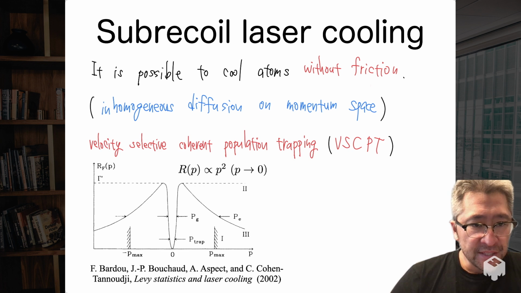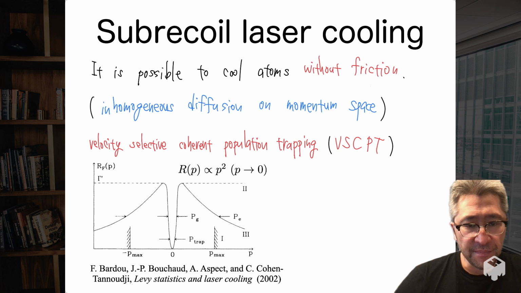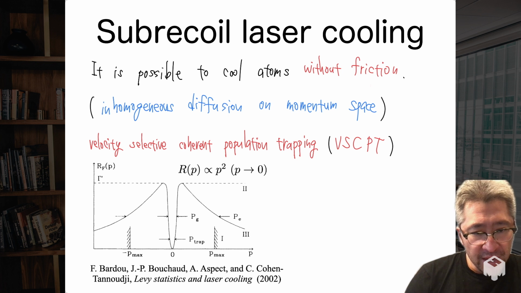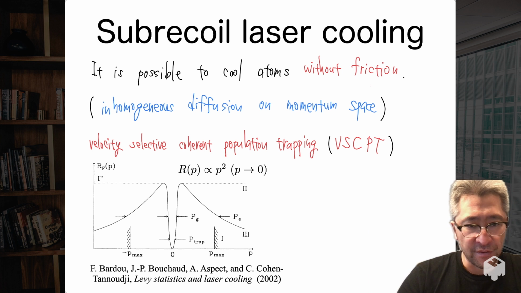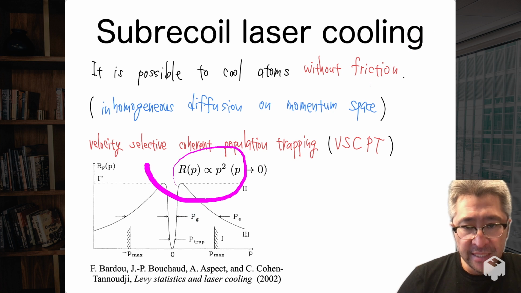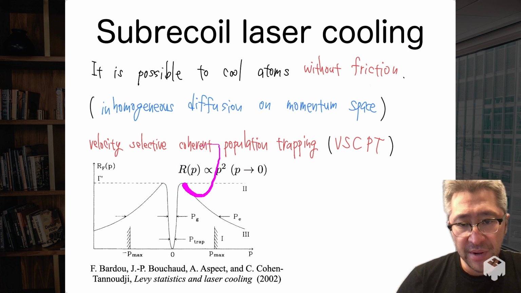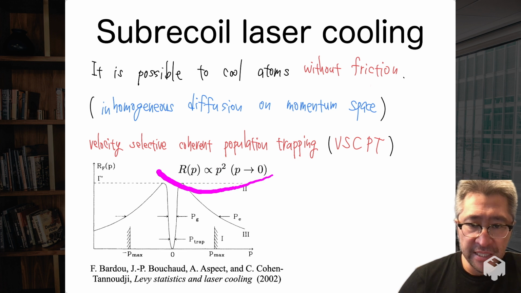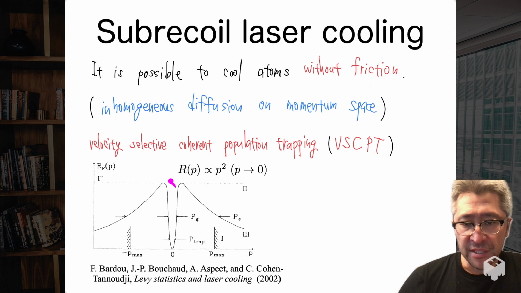Due to velocity selective coherent population trapping, this R(p) is not constant. This R(p) is the jump rate of the random walker. So R(p) depends on p, the momentum. Especially, as p goes to 0, R(p) goes to 0.